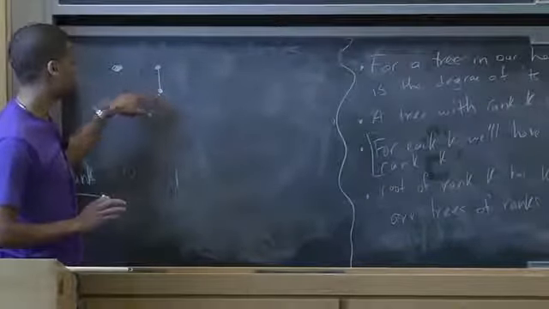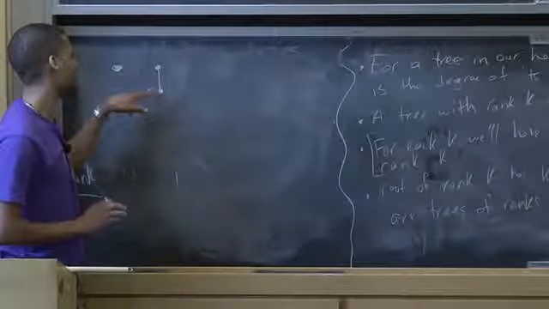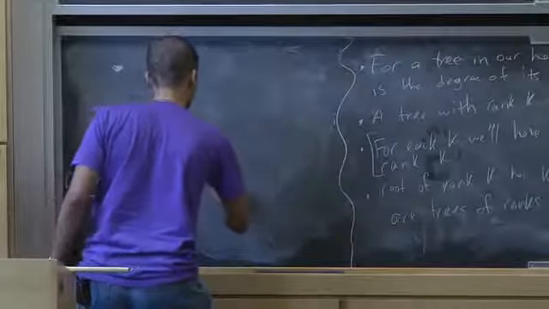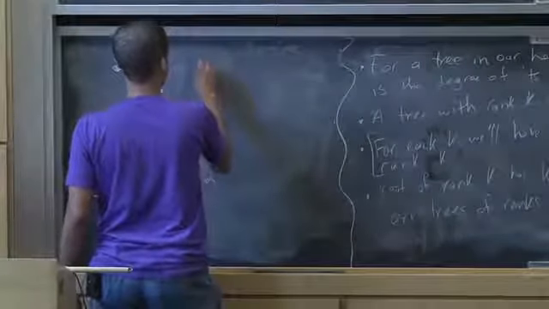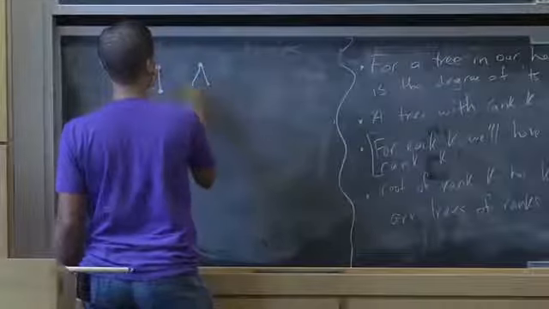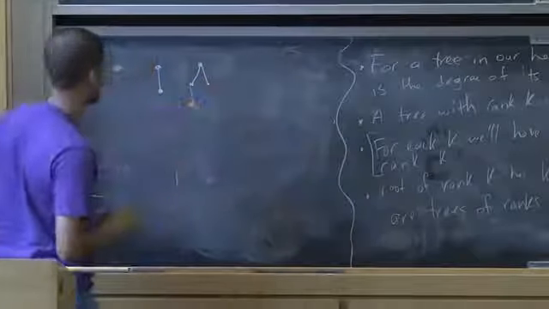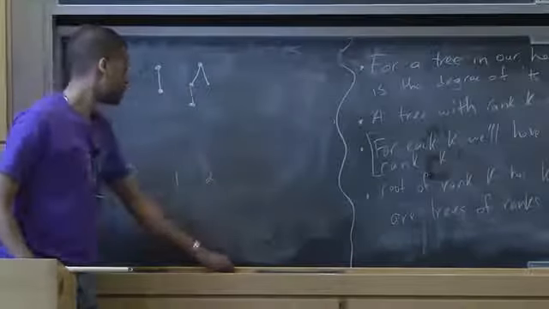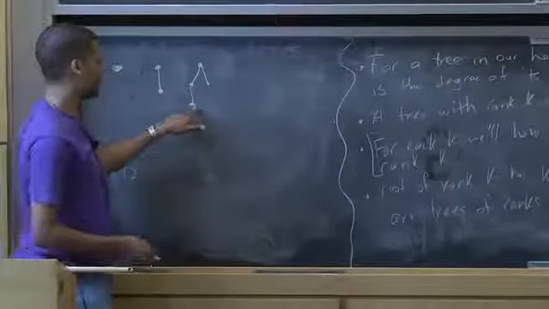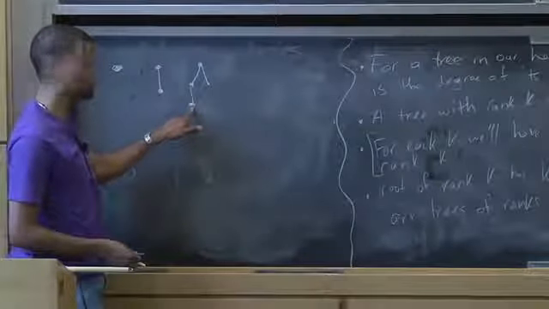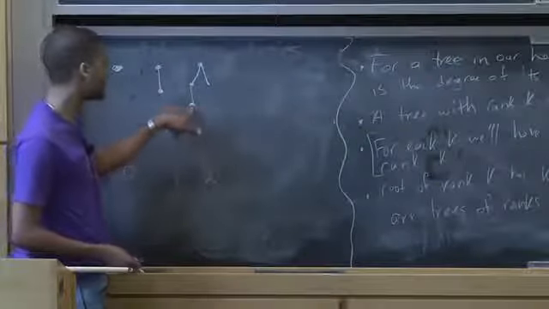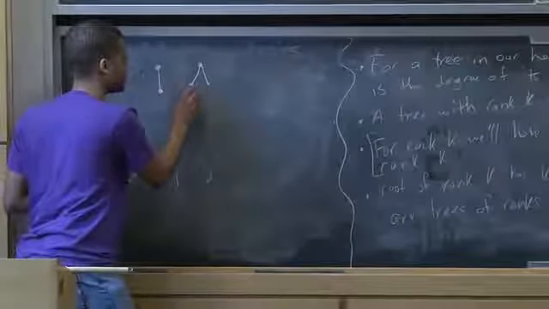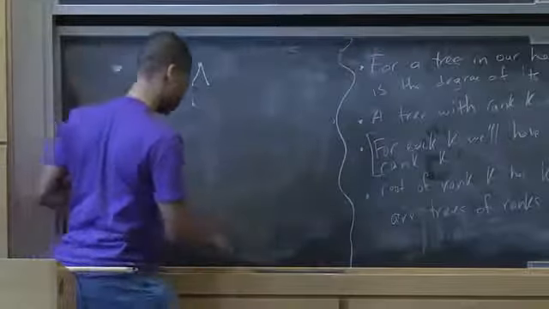But we can't cut out any children because it wouldn't be a rank 1 tree anymore. How about a rank 2 tree? It has 2 children, and this one is a rank 1 tree. This is what it would look like if it were full. But we could have done a decrease key on this element at some point, and then this gets cut out and made a top-level tree. So it's possible then to lose. Is this visible? I don't think this thing is that visible.